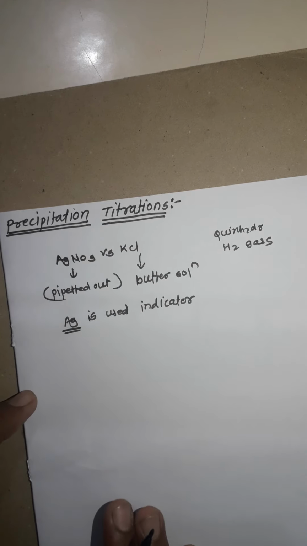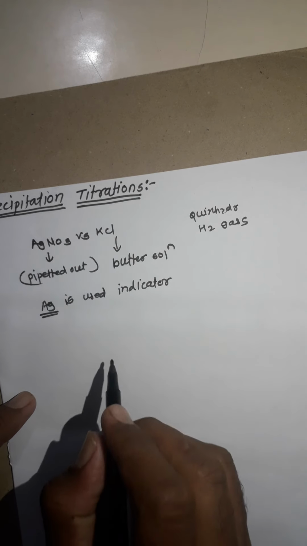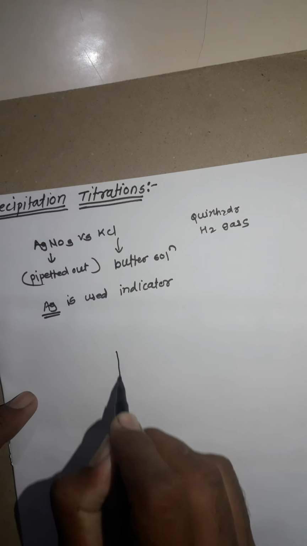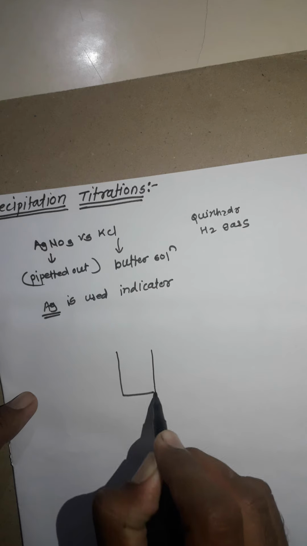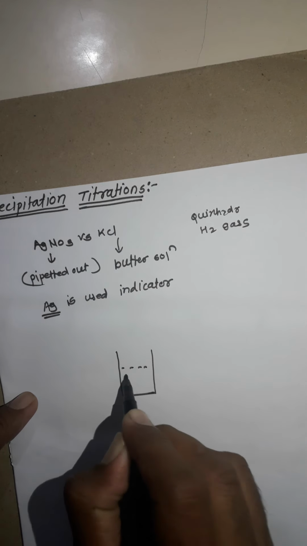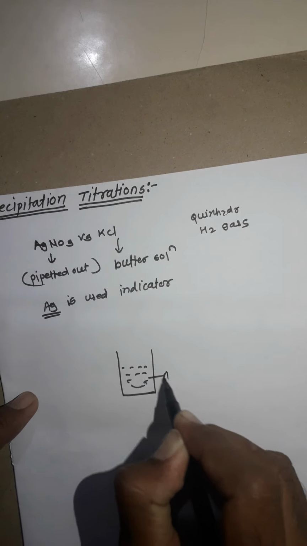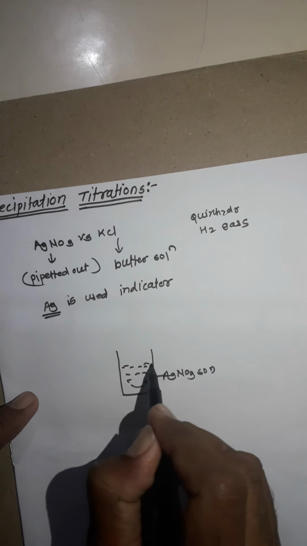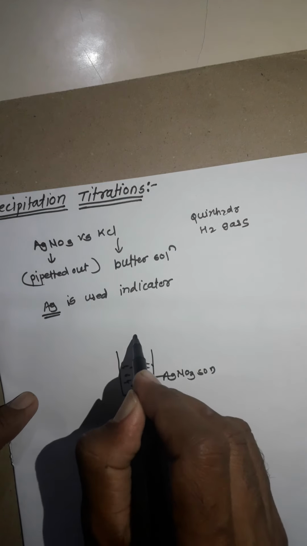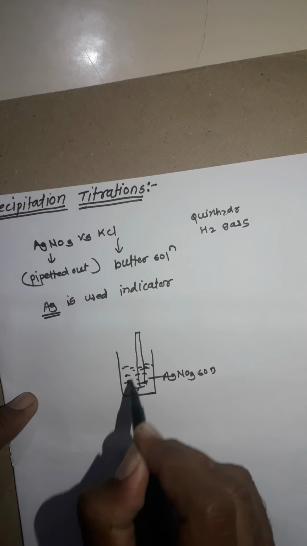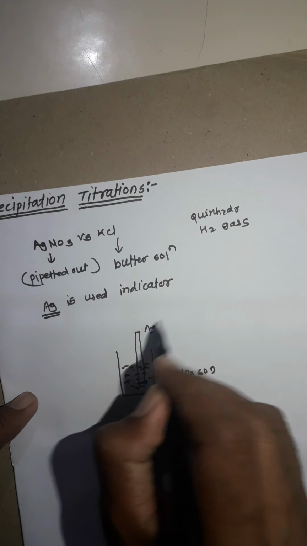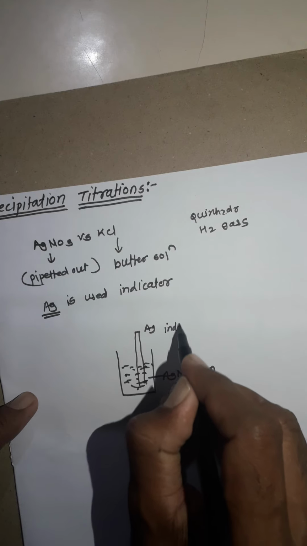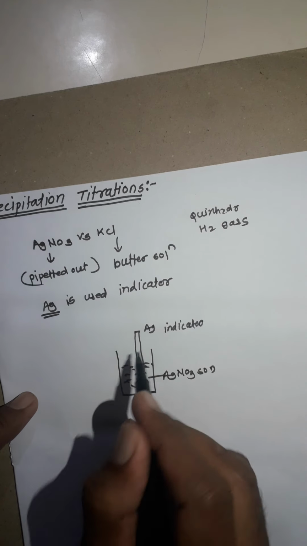See diagrammatically, the AgNO3 solution is pipetted out. In this solution, the silver electrode is the indicator electrode.